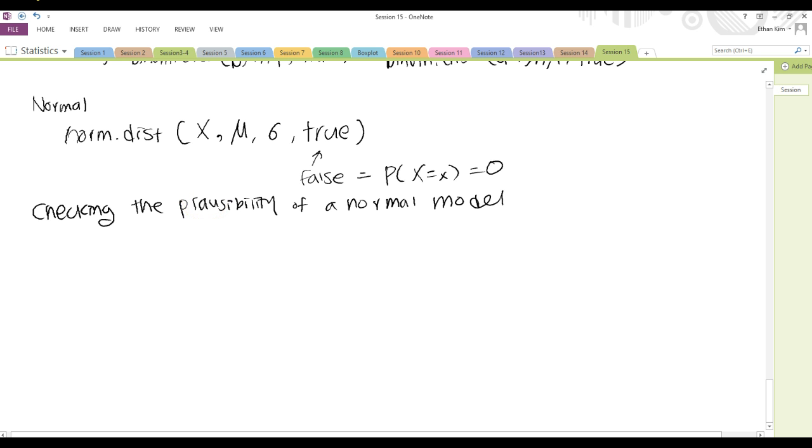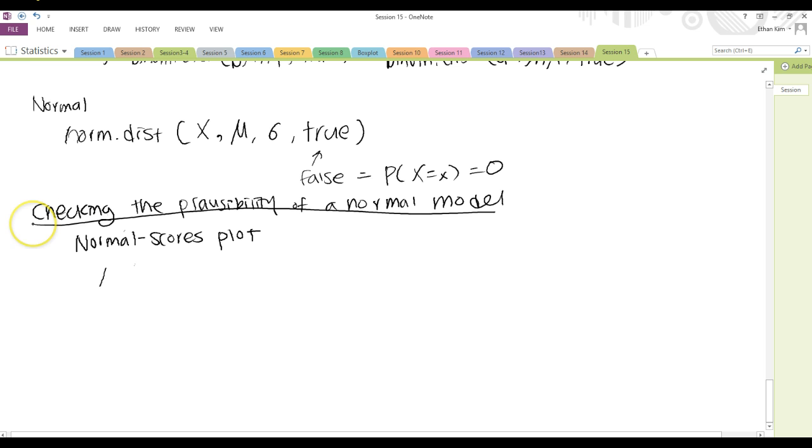There is a way of doing this, and we call this normal scores plot. This is a special graph, and let's just explain what normal scores mean.